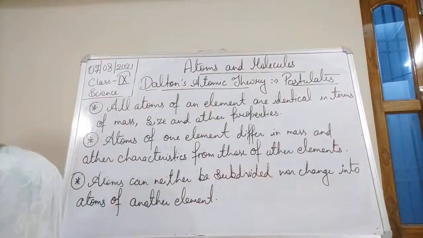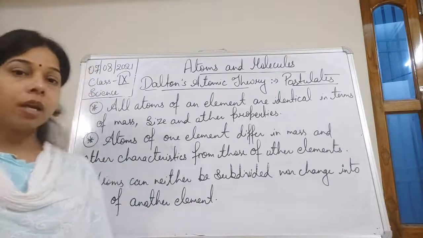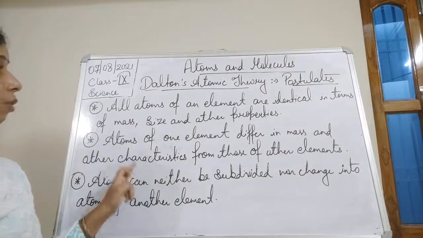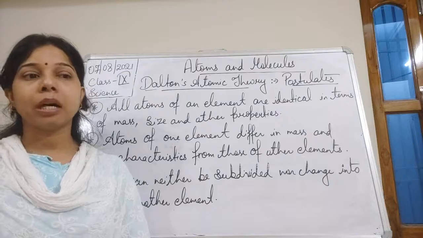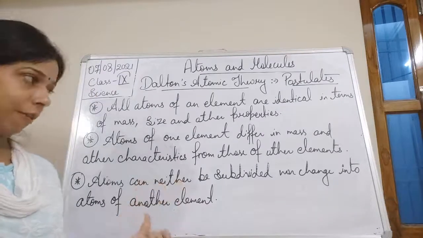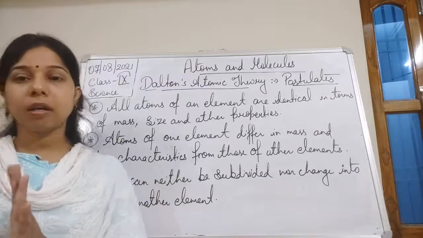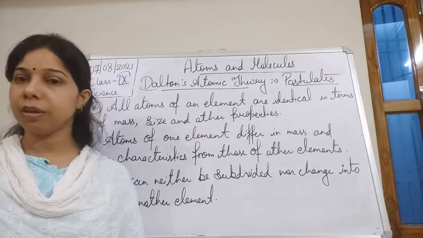So he said that if two different elements are there, each made up of atoms, and both of them have different masses, obviously their properties will also vary.